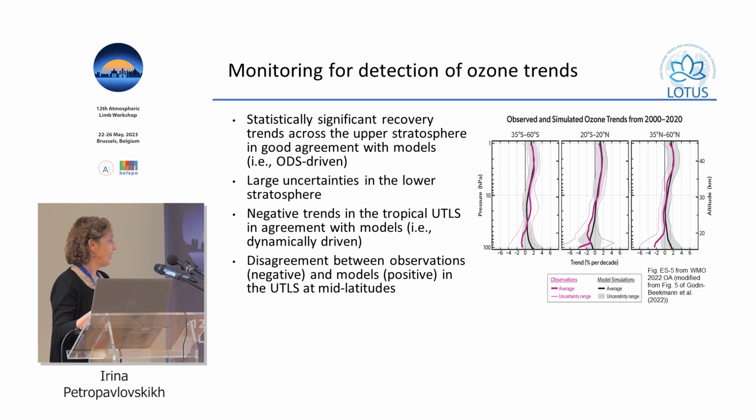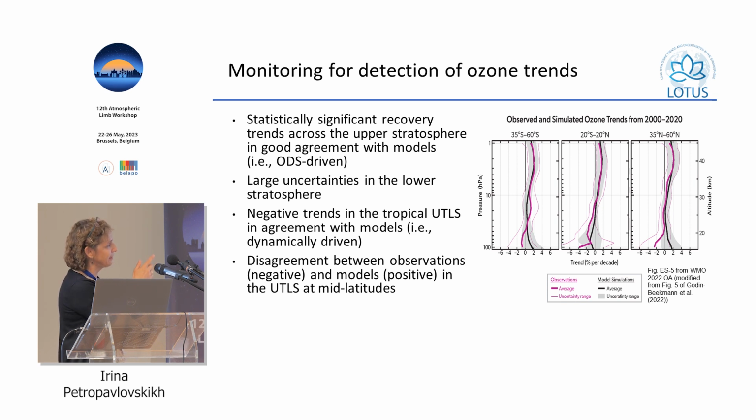So just to give you an update for those of you who have not seen yet the ozone assessment chapter on the past ozone trends, this is the work that the LOTUS group has done on combining results from different data sets. So we're not showing you individual data sets, but this is a consensus between different satellite combined data sets.